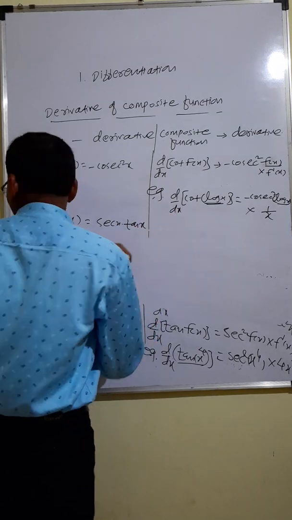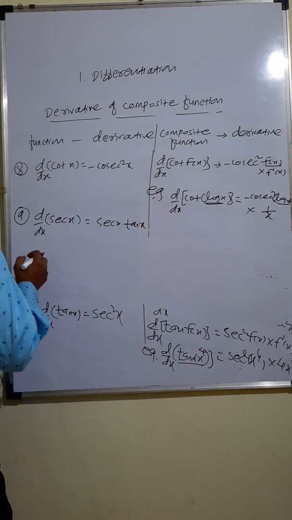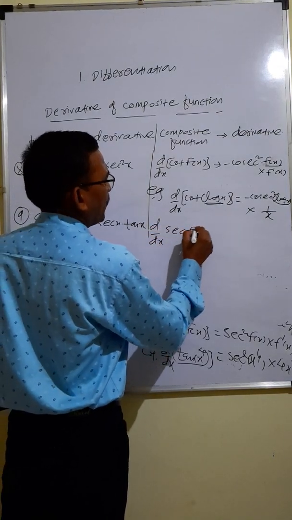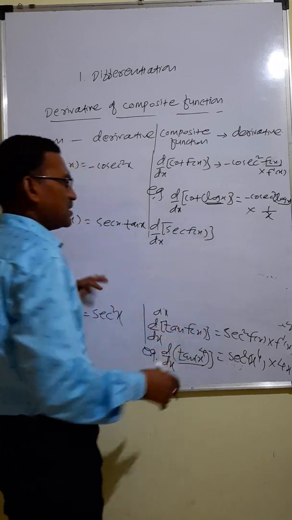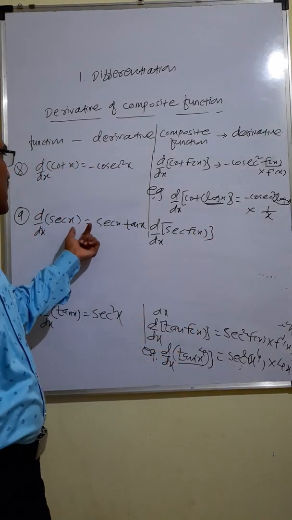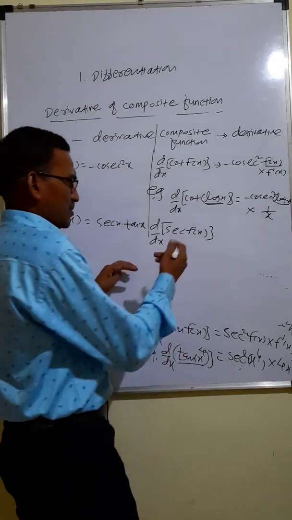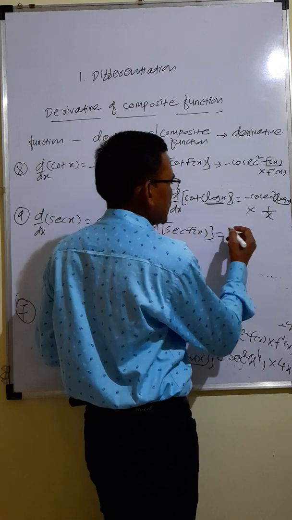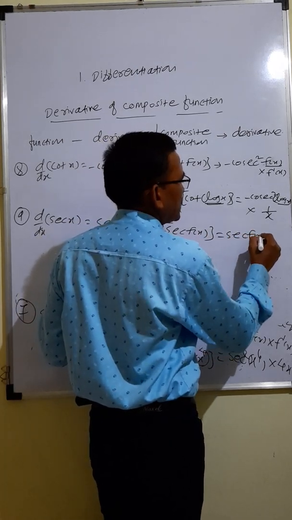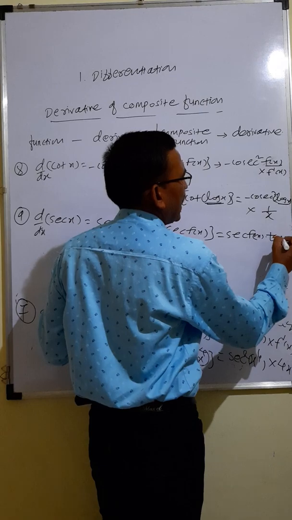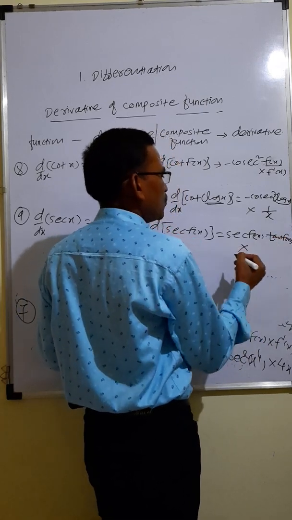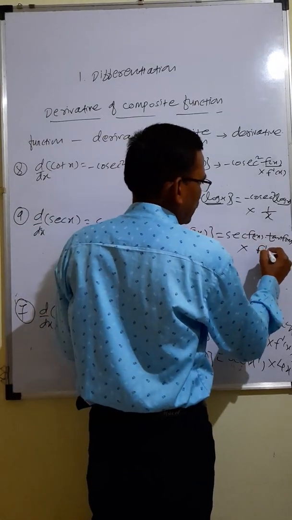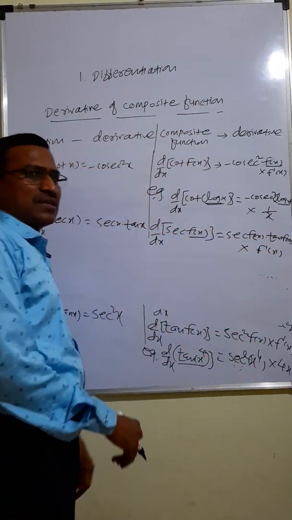And in the derivative of a composite function sec of f of x, the only change is that x is replaced by the function. So the derivative of the composite function sec f of x is sec f of x into tan f of x into, by chain rule, the derivative of this function f of x.